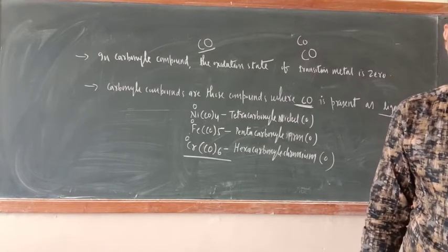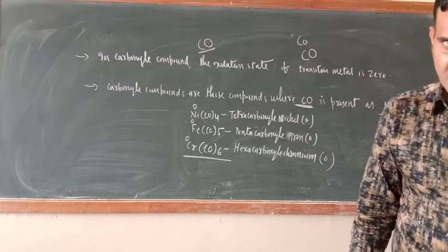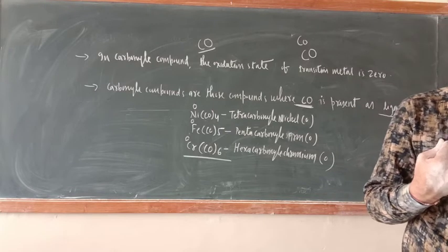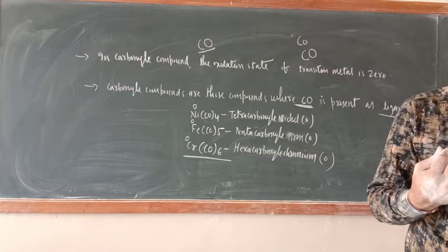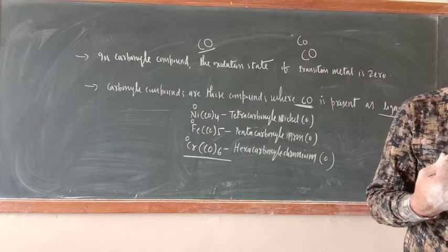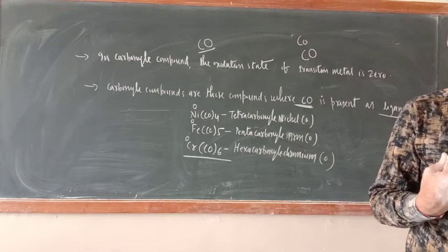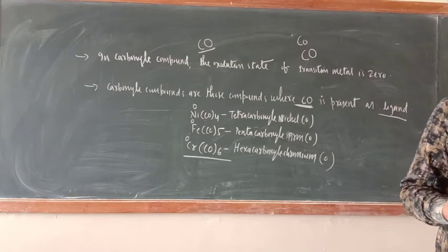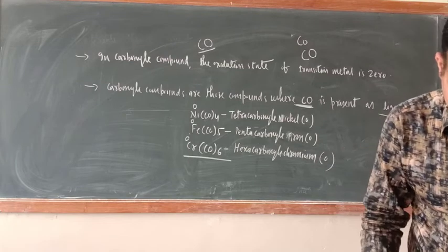In the solid state, three things contribute: the electrode potential, the element to which they are combining, and electronic configuration. But in aqueous solution they depend upon three types of energies: sublimation, ionization enthalpy, and hydration enthalpy. That is the important thing.